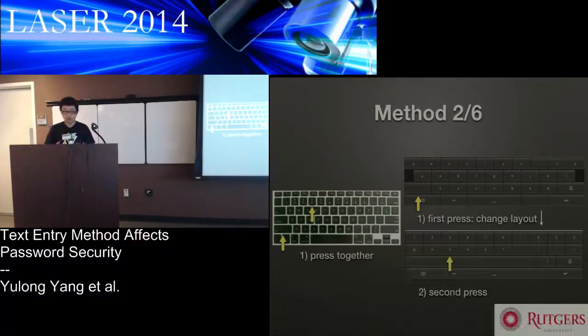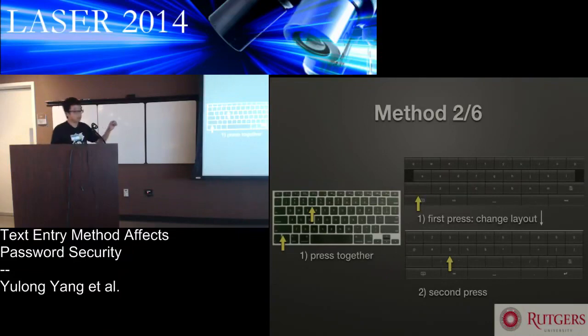The details of all the keyboards, layouts, and design can be found in the paper, and I also have a slide in the appendix. Here I just want to illustrate the difference with a simple example. Basically we designed the text-centric methods so that they provide a different level of difficulty in reaching certain keys.